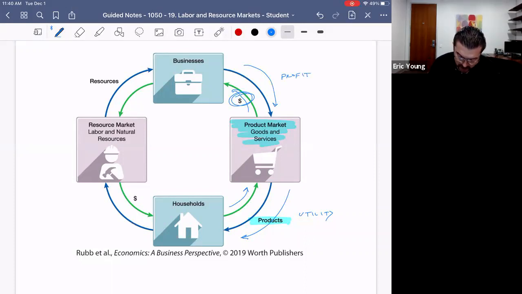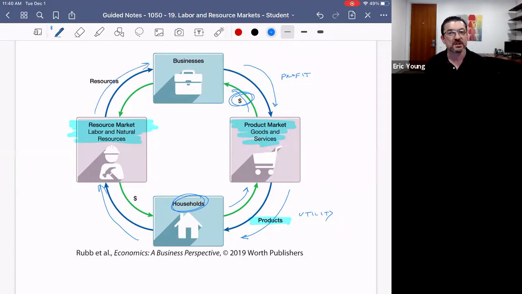Now, however, we're jumping over here into resource markets, aka factor markets or input markets. In these markets on the circular flow, it's the other part of the circle. You can see here that households, that's you and me, we are supplying factors, land, labor, and capital, and these resources are then going to businesses.